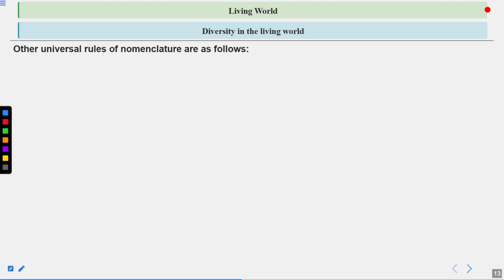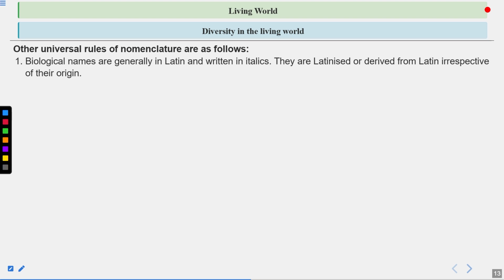Now, other universal rules of nomenclature are as follows. First one is biological names are generally in Latin and written in italics. So this is very important. Biological names or scientific names are written in Latin because Latin is a dead language and it is not evolving, so the meaning of the word remains the same.